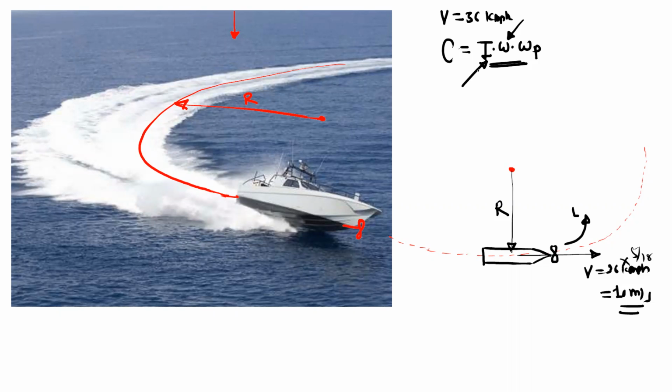Omega P is nothing but the angular velocity of precession. What is the meaning of precession? When we are changing the direction of the axis of spin about the perpendicular axis, that angular velocity is the angular velocity of precession.